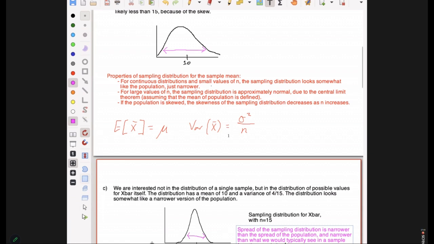Because again, this is the distribution we're seeing here, not an individual sample.